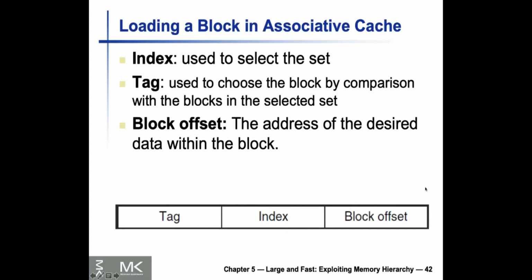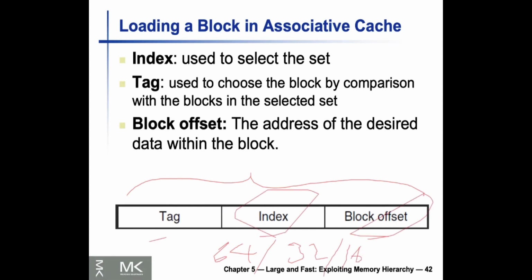A general memory address would be this: tag, index, block offset, and byte offset. And normally, if you're asked to find each of those depending on the architecture, you're going to be given the overall 64, 32, 16, or whatever, and then you start using the information given to figure out each of those. And then depending on the number of blocks, you can just find the final size of the cache, right?